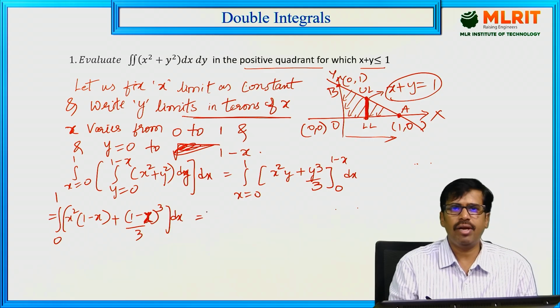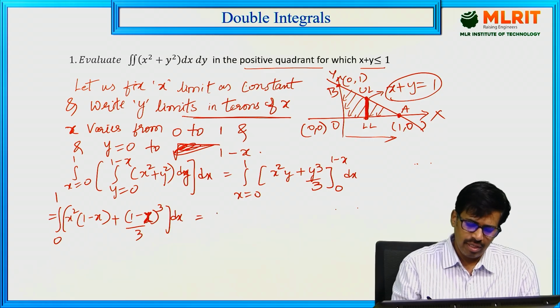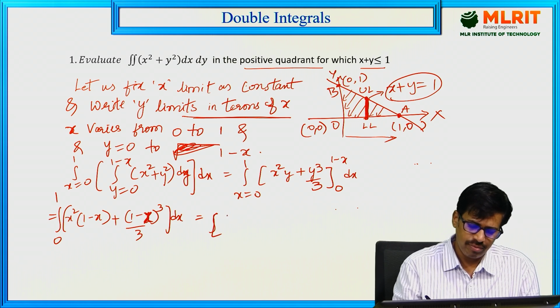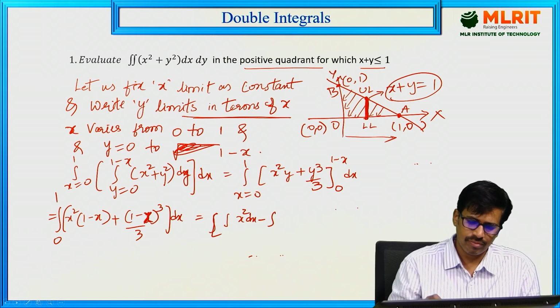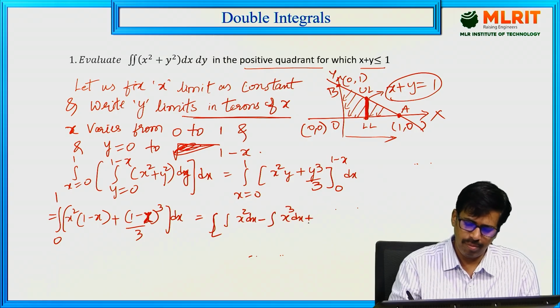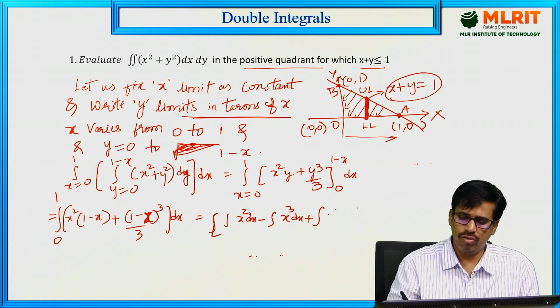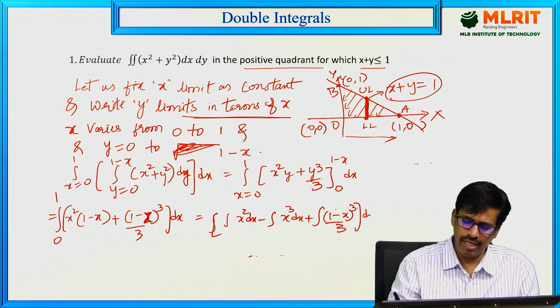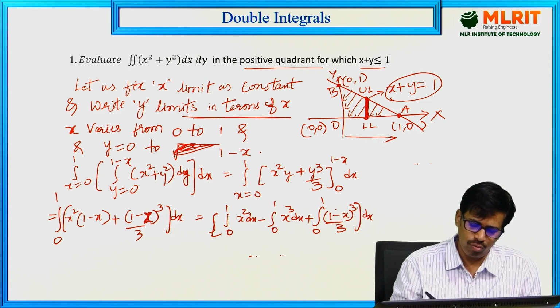So this can be written as the integration of x square dx minus the integration of x cube dx plus the integration of 1 minus x whole cube by 3 dx, x is 0 to 1.